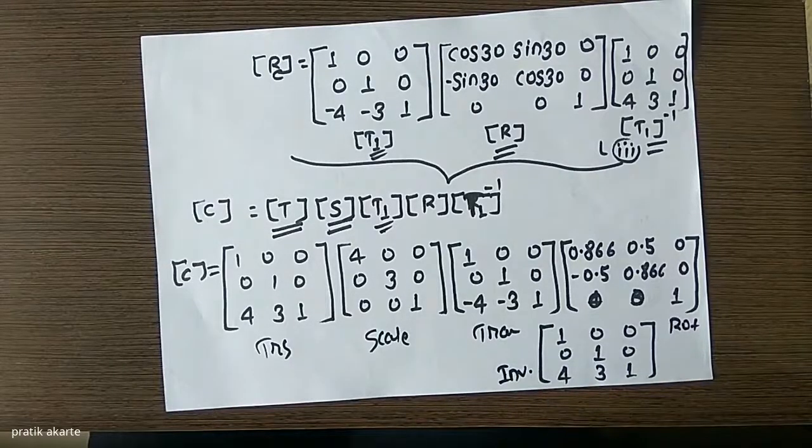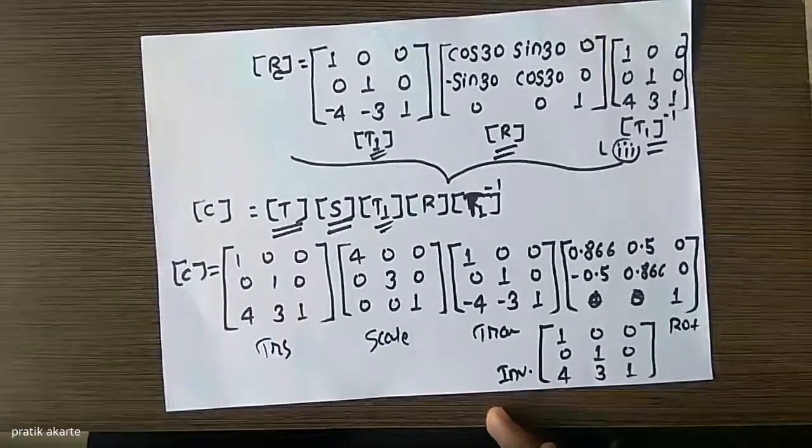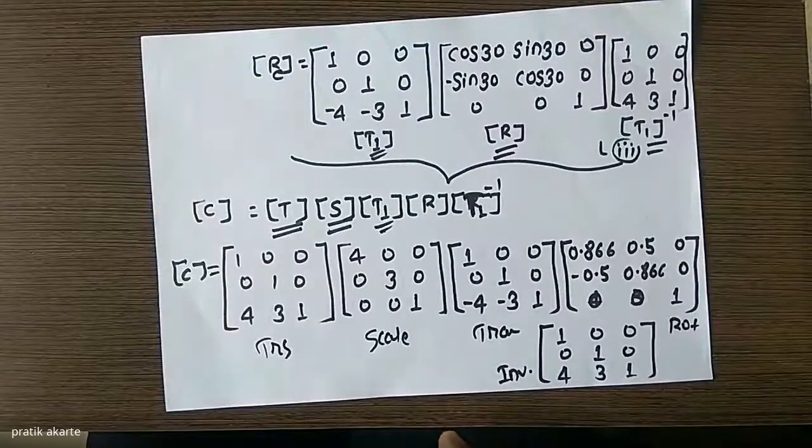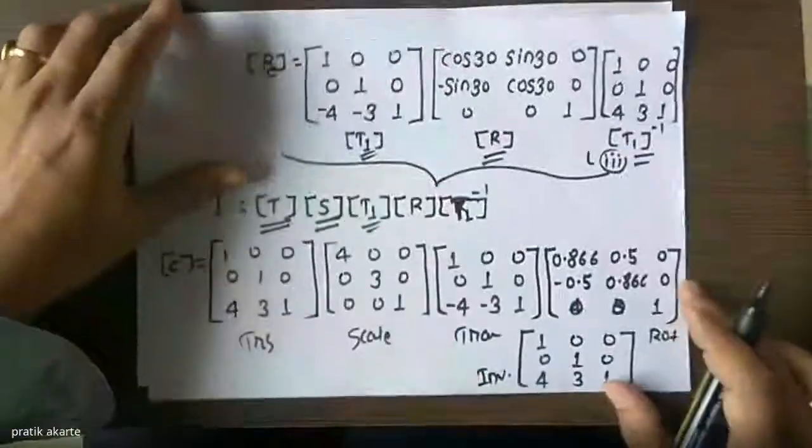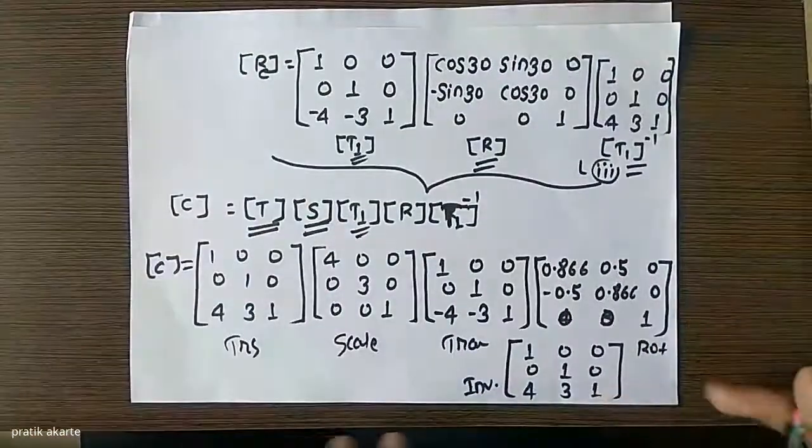So you have to multiply all these matrices, and then you will get your composite transformation matrix. Let us write the answer because you know how to multiply it. Let me tell you the trick to multiply. Just go from the right hand side.